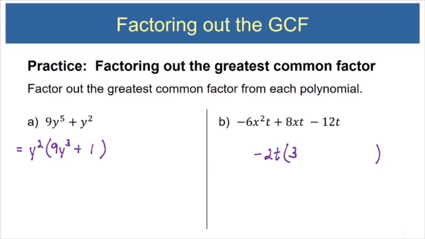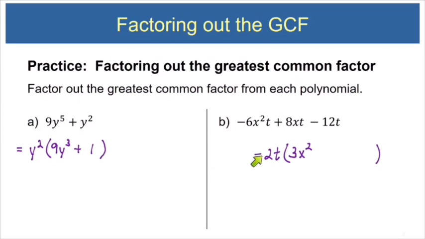And I know that I'm going to need an x squared in this term, and I already have a t out here, so I don't need another t on this term. So now notice that negative 2t times 3x squared would produce negative 6x squared t, so that looks good.